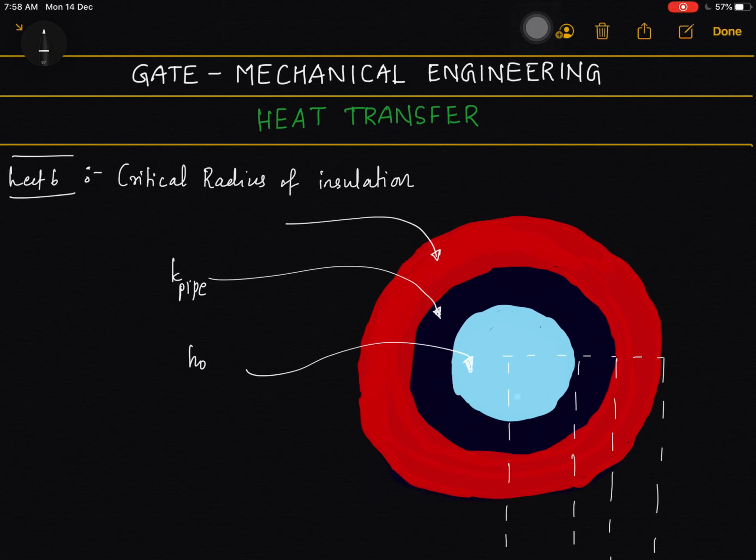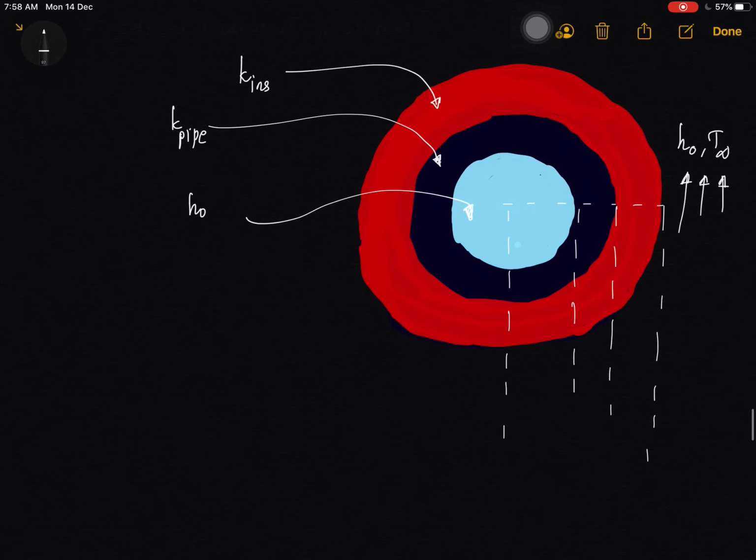Let's suppose the insulation material is around the pipe and is having the thermal conductivity K insulation, and also suppose some fluid is flowing outside this pipe, having the heat transfer coefficient Ho, and it is at temperature T infinity.